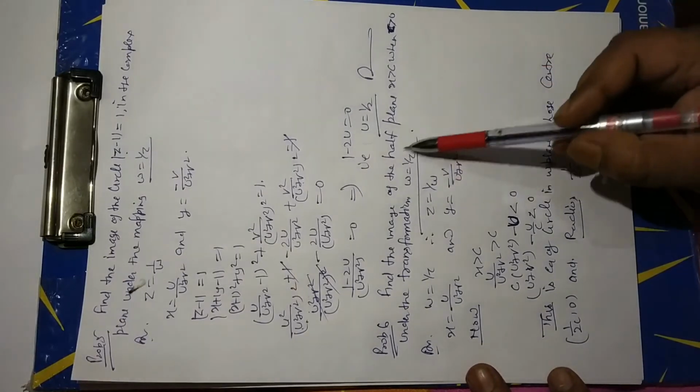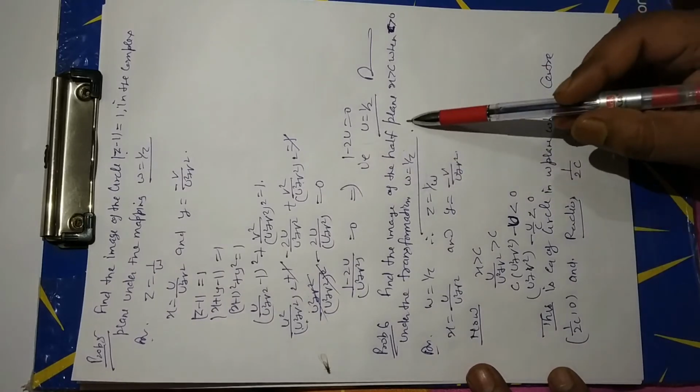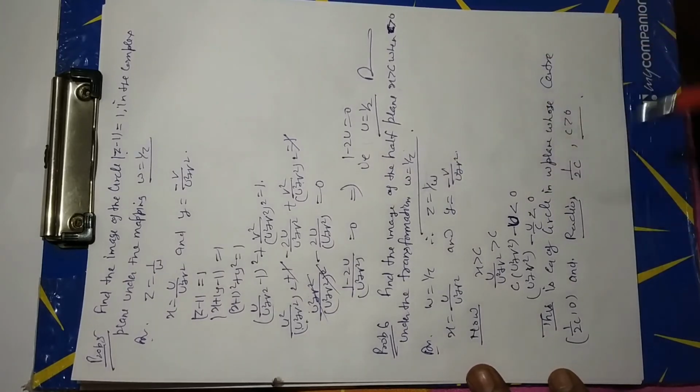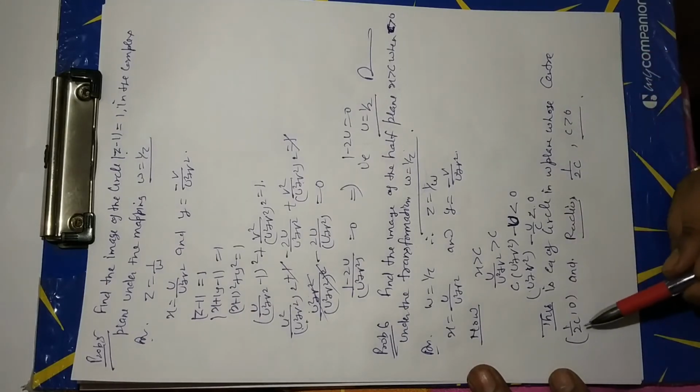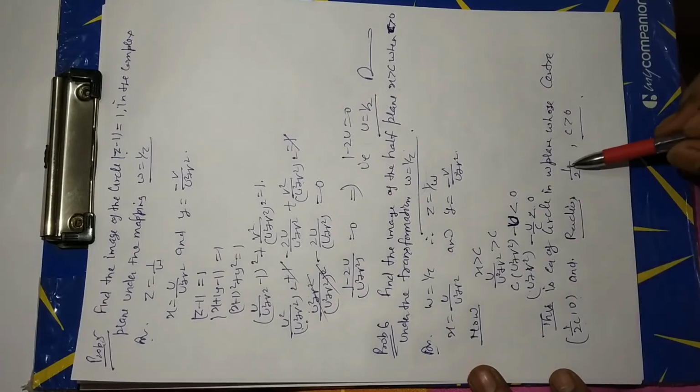Now the given transformation transforms the half plane x > c into a circle whose center is (1/2c, 0) and radius 1/2c. This is the complete solution.